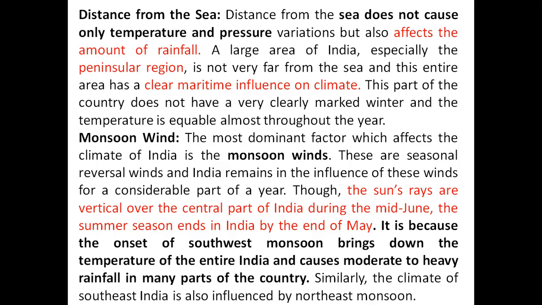From mid-June to the end of May, India has a summer season. After that, the southwest monsoon starts. It is the rainy season in the southern to western parts of the southern region, known as the southwest monsoon. So monsoon wind also affects the climate of India.